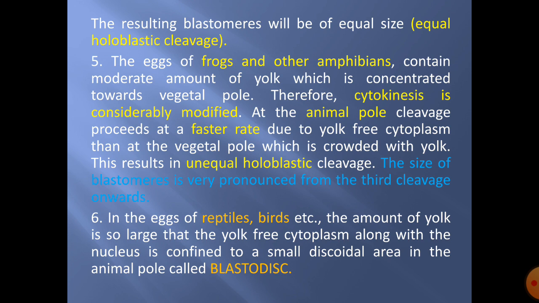Then the third case, the egg of reptiles and birds. The amount of yolk is so large that the yolk-free cytoplasm along with the nucleus is confined to a small discoidal area in the animal pole, and this region is known as blastodisc.